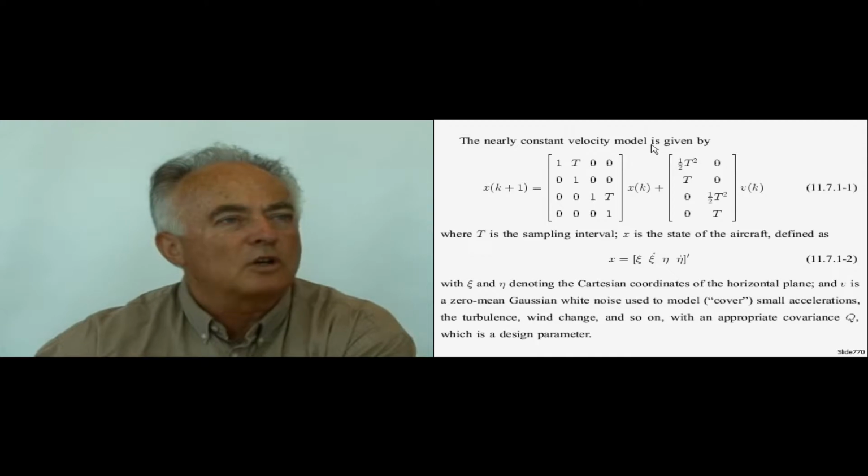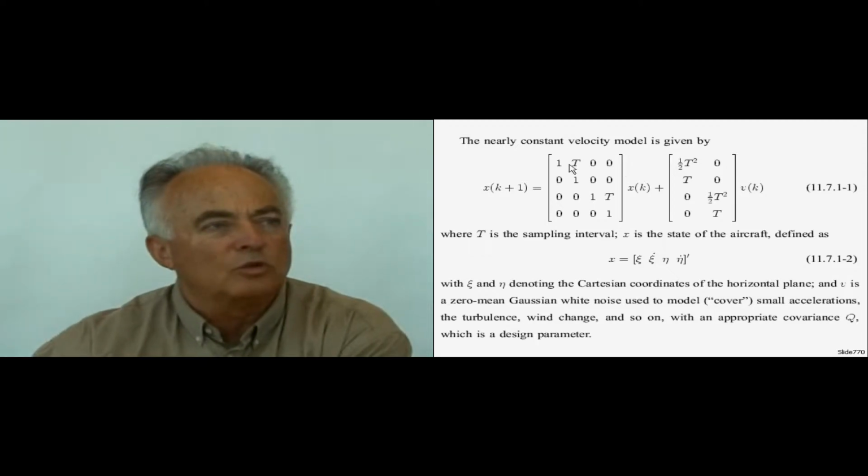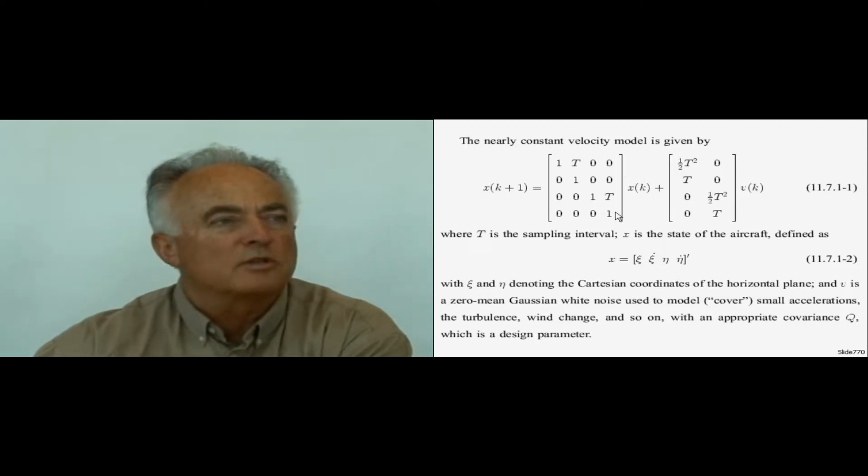So the nearly constant velocity model in two Cartesian coordinates is given by the equation where x(k+1) has two blocks, each is a second order model, the x component, or psi in this case, and the eta component. Each will have position and velocity, so the state consists of psi, psi dot, eta, eta dot.